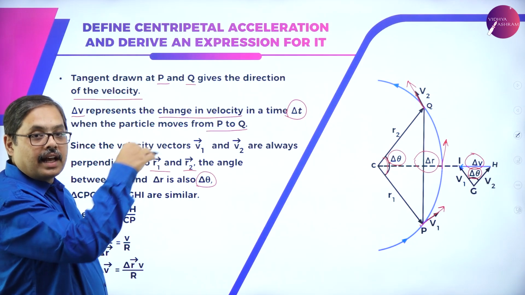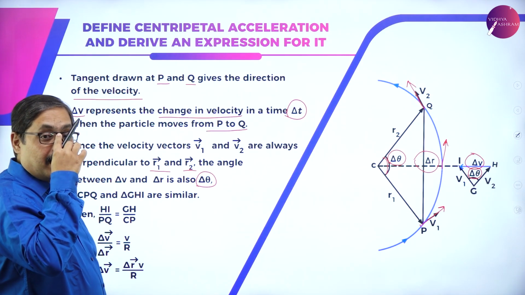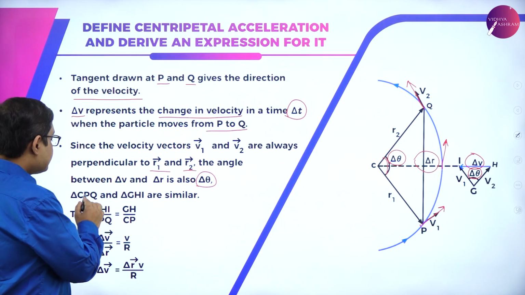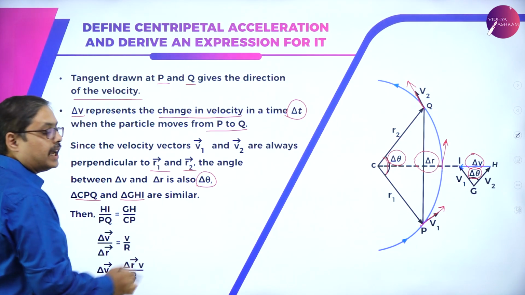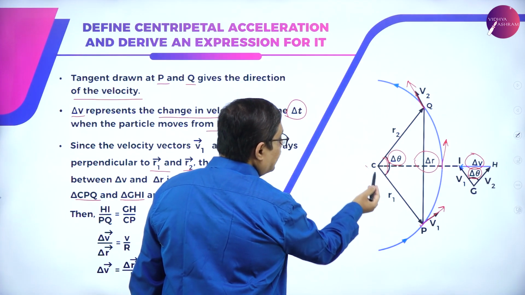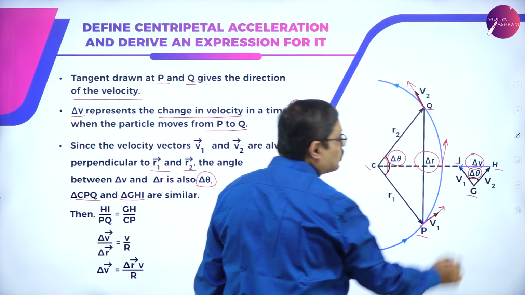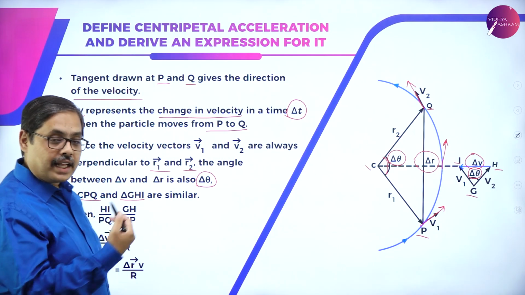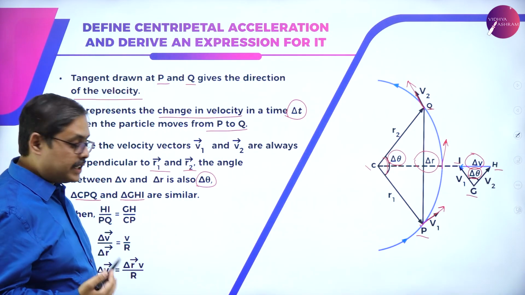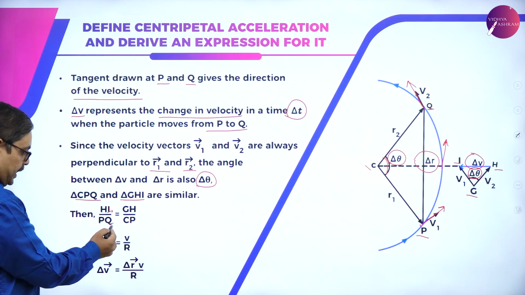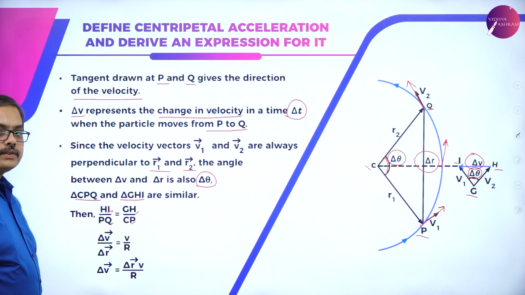Since all these are perpendicular to each other, the two triangles CPQ and GHI are similar. So I can compare the respective sides: HI by PQ equals GH by CP.